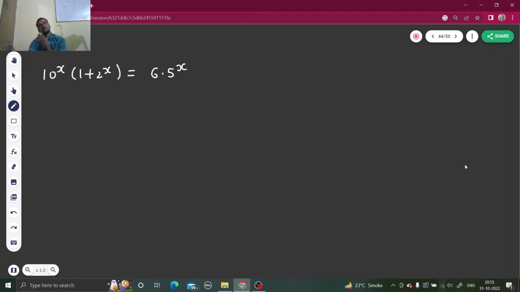What property am I going to tell you? Okay, this property: if you have ab power m, you can write this as a power m into b power m. So 10 I can write as 5 power x into 2 power x.